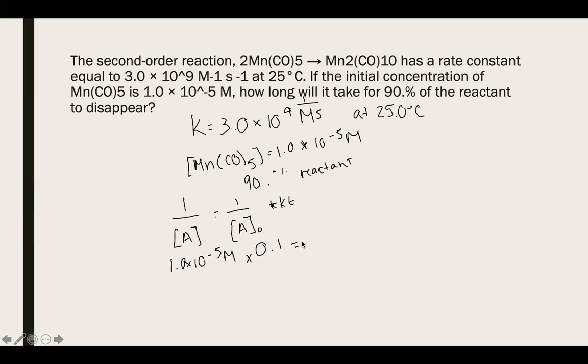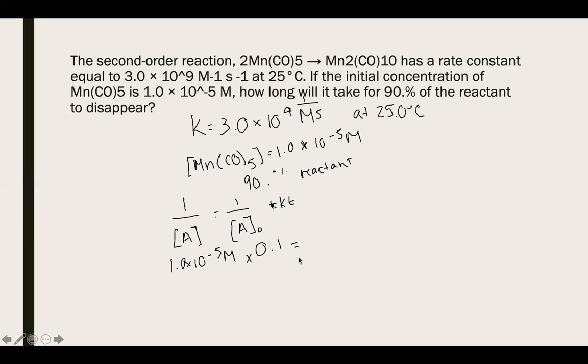The reason we can do that is because 90% of the reactant has disappeared, so only 10% is going to be remaining. 10% is 0.1. So when we're searching for this time, only 0.1 of it remains.